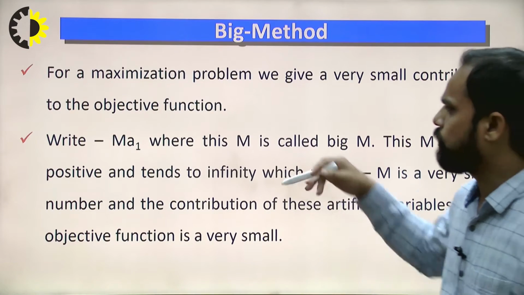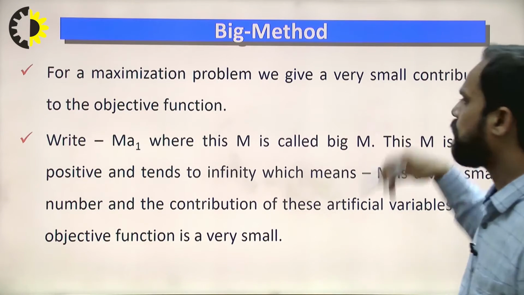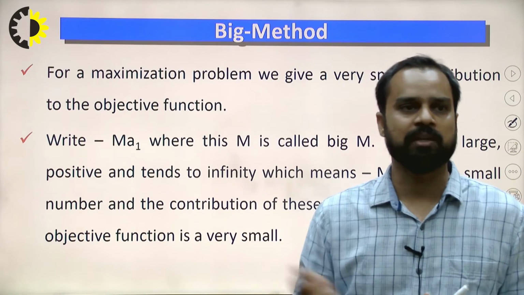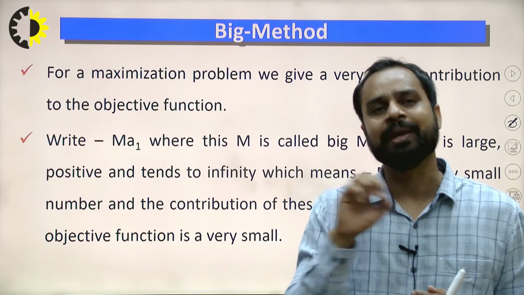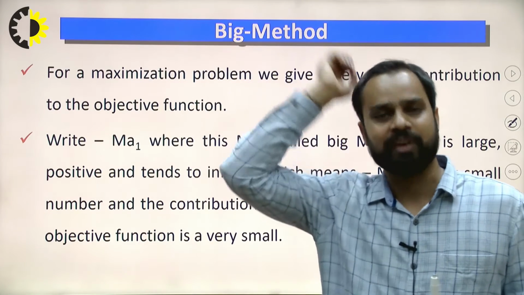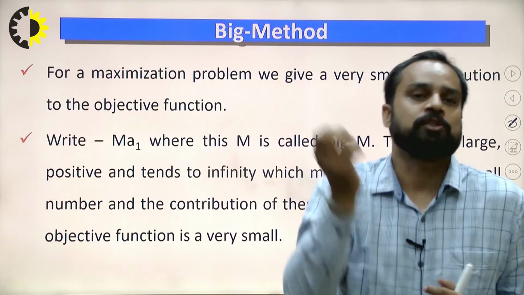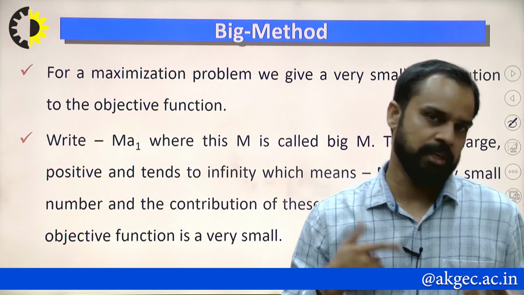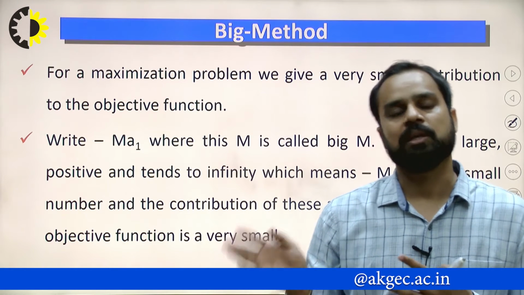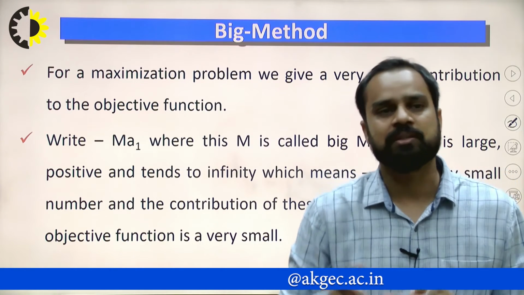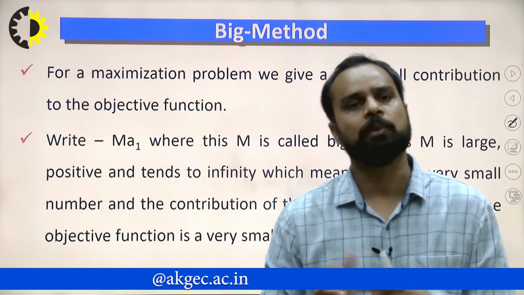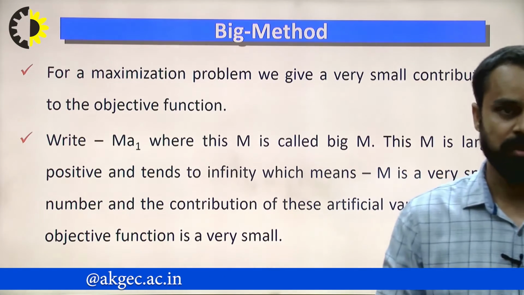For a maximization problem, we give a very small contribution to the objective function. Whenever we write the objective function with the artificial variable, we write it with minus M. If M tends to a very large value, then minus M tends to a very small value. So whenever we write the objective related to the artificial variable, we are not considering its contribution in the objective function. That's why it is written as minus M if the problem belongs to maximization.